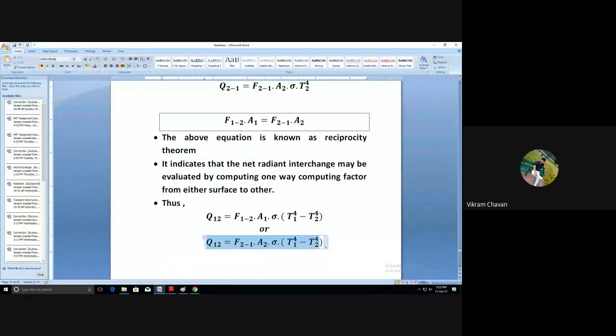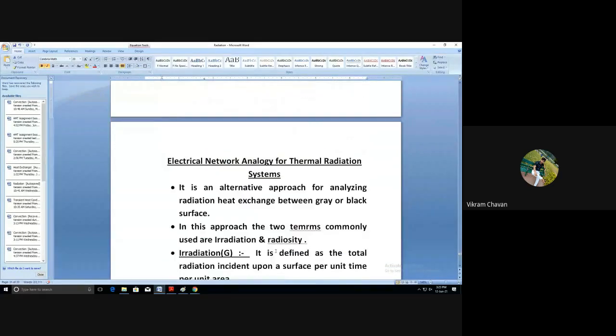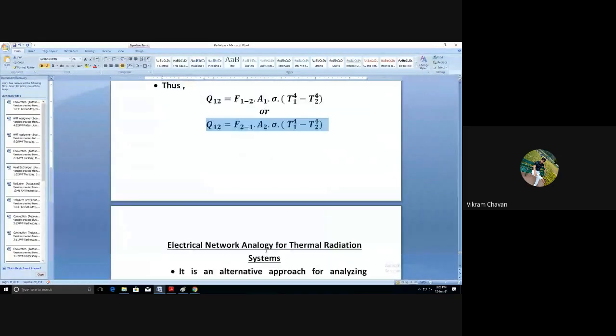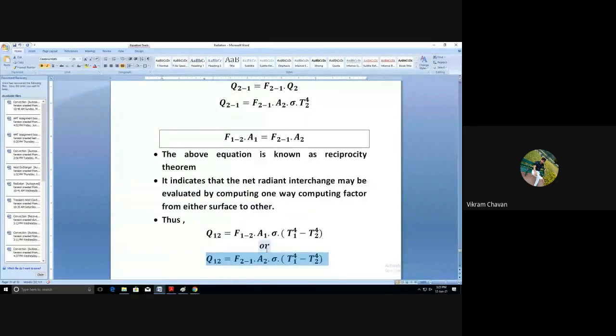Okay, so next lecture we will discuss the electrical analogy for the thermal radiation system. Whether you understood the energy exchange between the two black bodies separated by a non-absorbing medium.